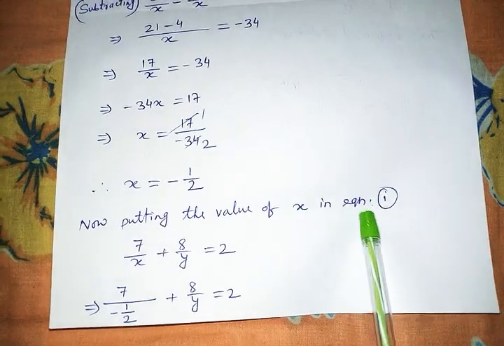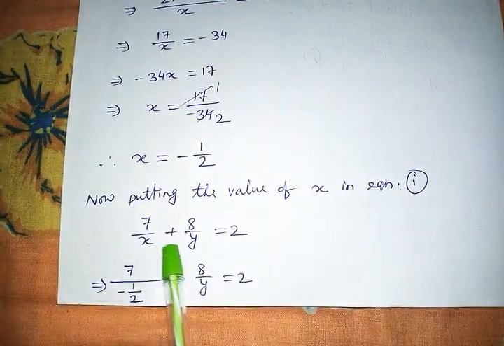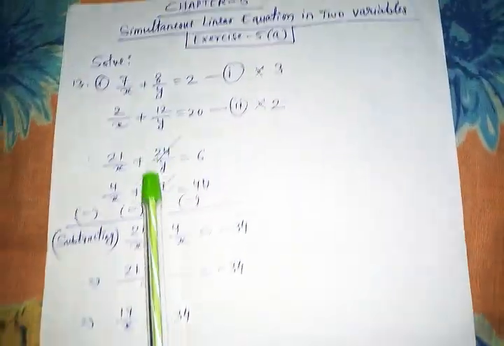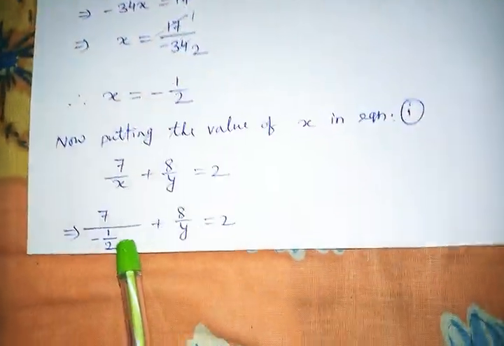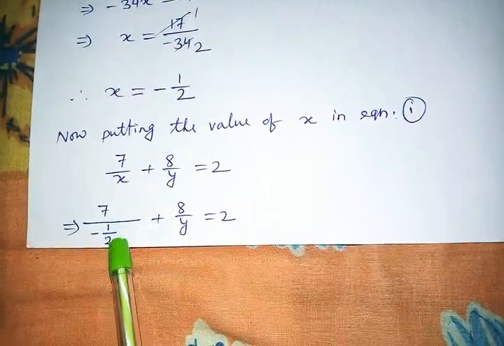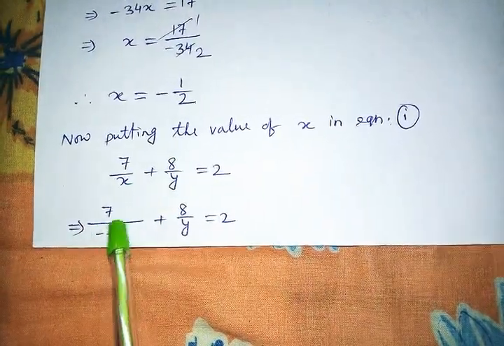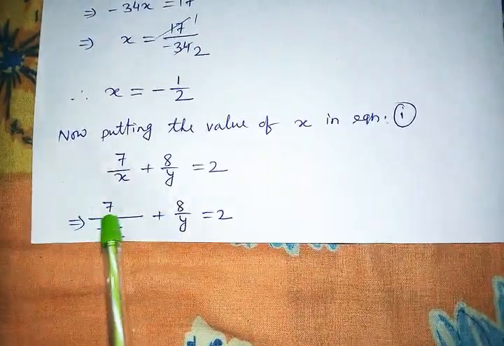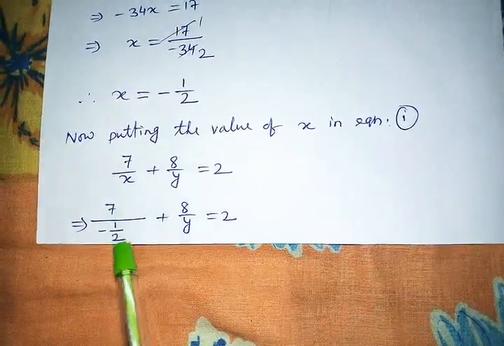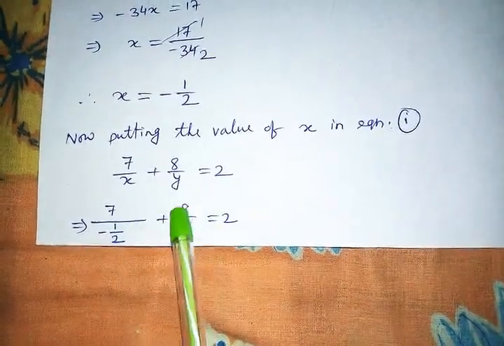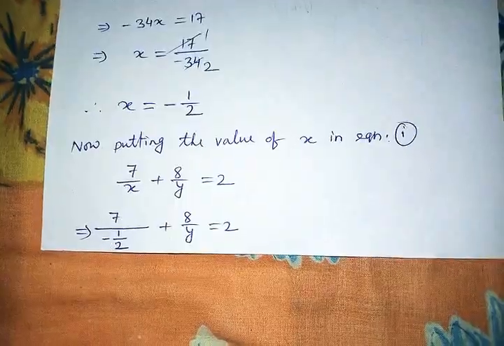Putting the value of x in equation 1. So that way we write equation 1, because equation 1 you can see is here. And here we put the value of x as 7 by minus 1 by 2. A double fraction came. One fraction was there and this is the value of x in fraction. Plus 8 by y equal to 2.